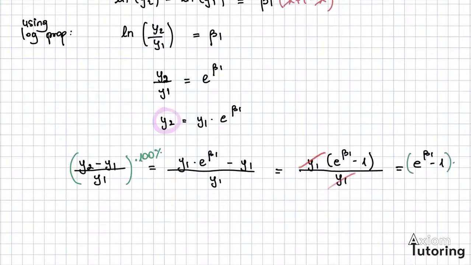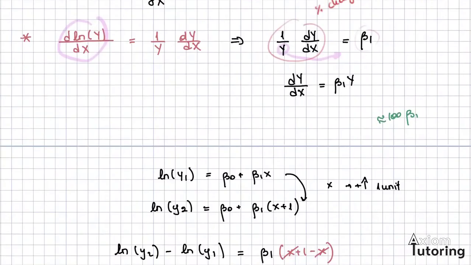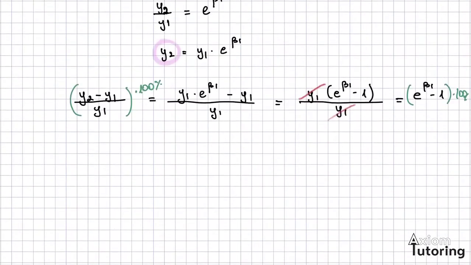And this is that exact percentage change in y when x increases by 1 unit. Books most of the time introduce this formula first and then just mention in a one-liner, well, you can just use the approximation, multiplication by 100. But otherwise, this is the exact formula.